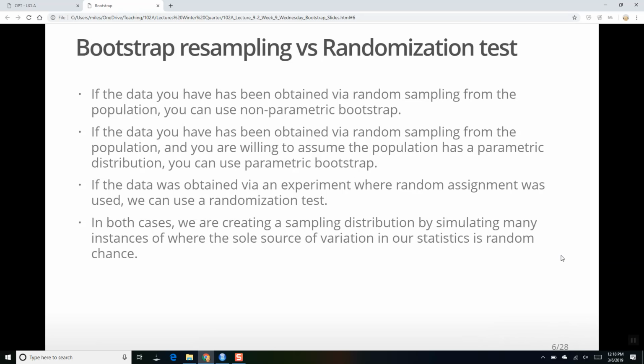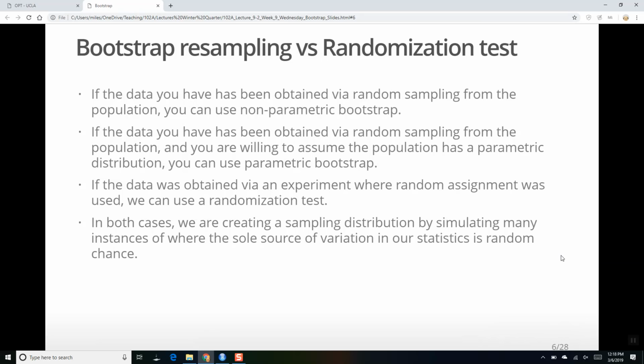Because my data came via random sampling, I have to at least hope that my parameter estimates are representative of the population. And on top of that, I'm willing to assume the population has this specific distribution. I'm willing to assume it's Poisson. I'm willing to assume it's normal. And then you can do parametric bootstrap.